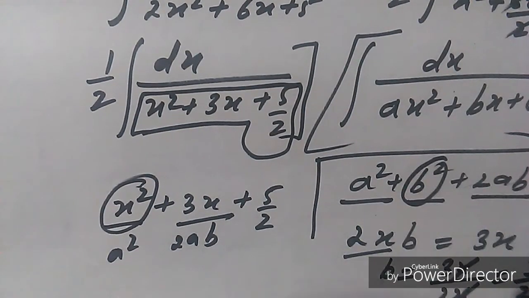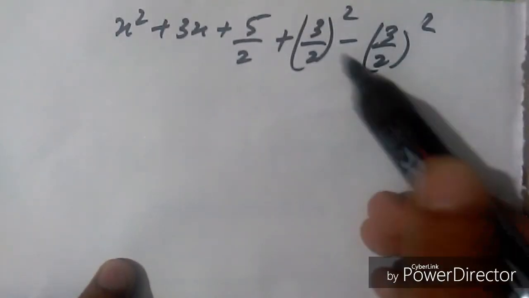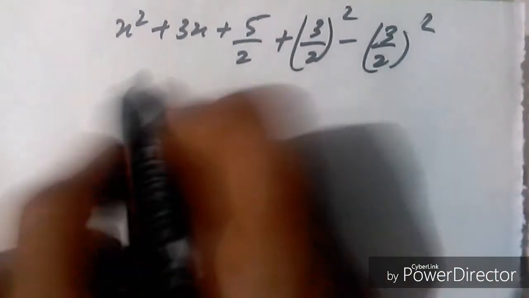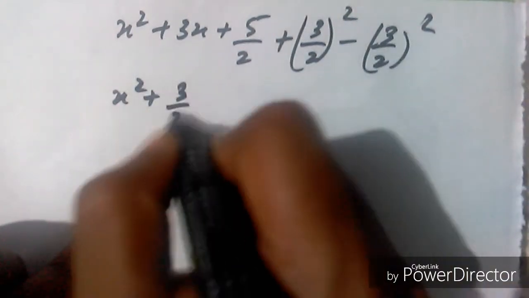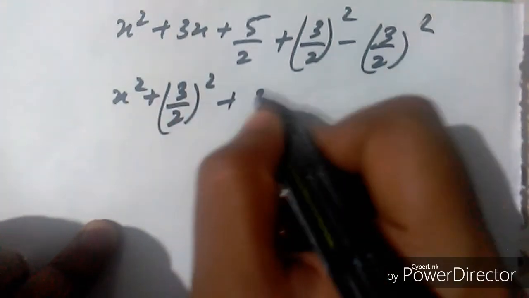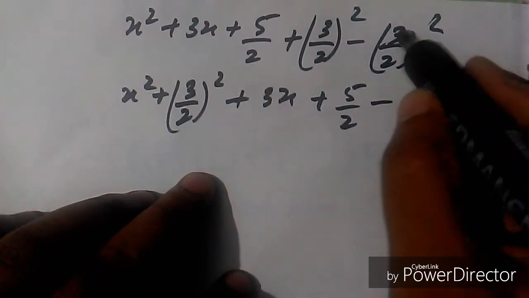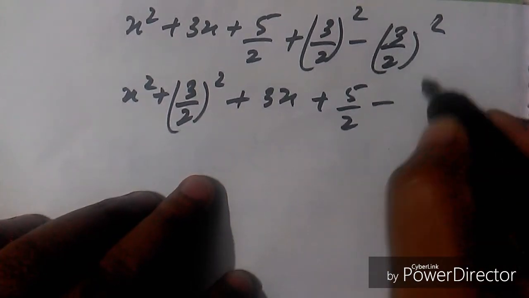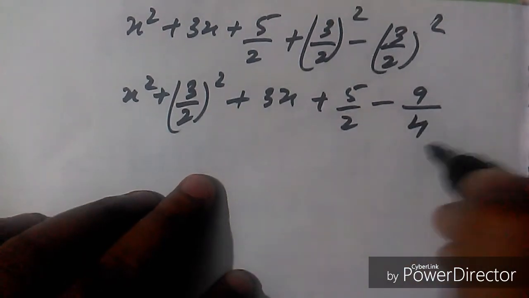We add and subtract the square of the value of b in this equation. Now we arrange it: x square plus (3 by 2) square plus 3x, plus 5 by 2 minus (3 by 2) square. Now we solve the square: the square of 3 is 9 and the square of 2 is 4.